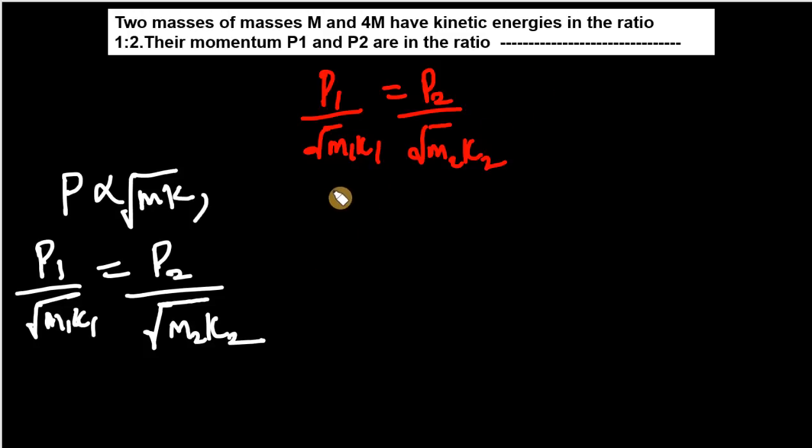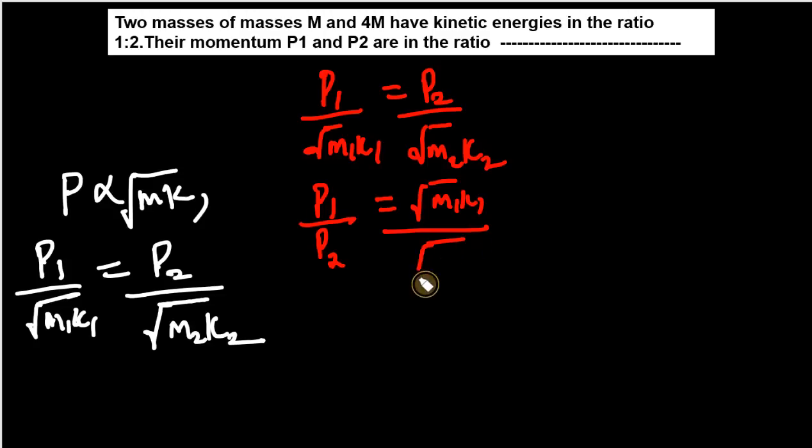So following from this, we can rewrite this formula as P1 upon P2 equals root m1 k1 upon root m2 k2, so that when we cross multiply, it will be the same as this. So we have not basically changed this formula.